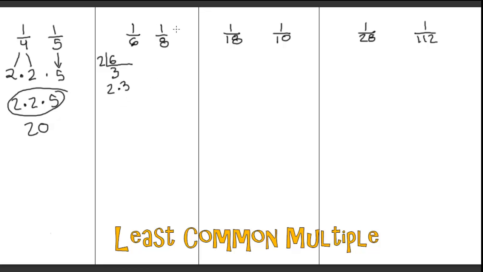Now 1/8: I take my 8 and do my upside down bracket. 2 goes into 8 4 times. Another bracket, and 2 goes into 4 2 times. So the prime factorization of 8 is 2 times 2 times 2.